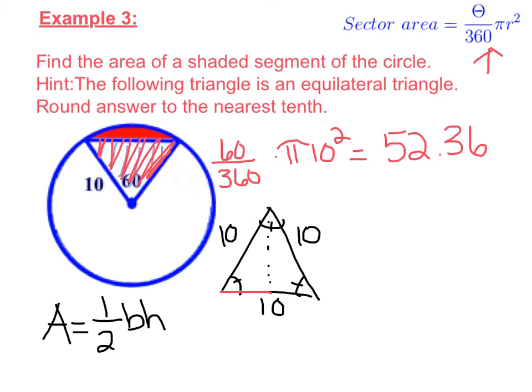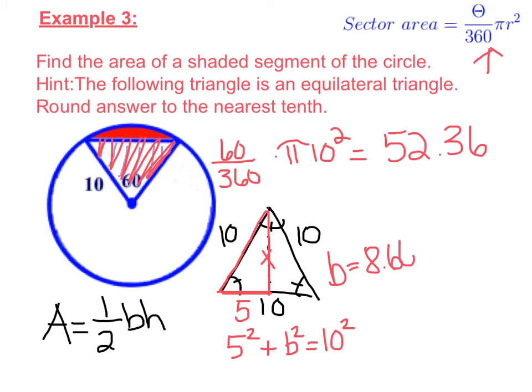So just part of the base would be 5. The hypotenuse is 10. And our height is x. I'm using this to help me find the height here. So 5 squared plus b squared equals 10 squared. Okay, so when you solve for b, your x value for your height, you will get 8.66.